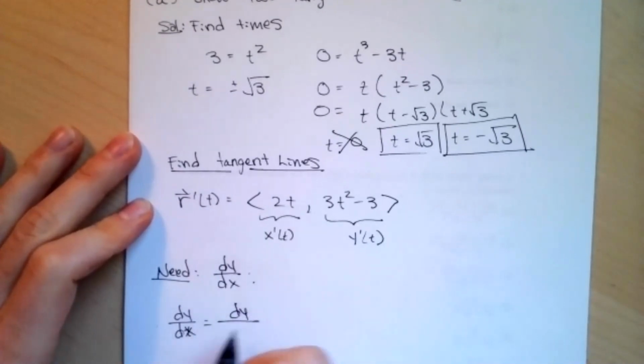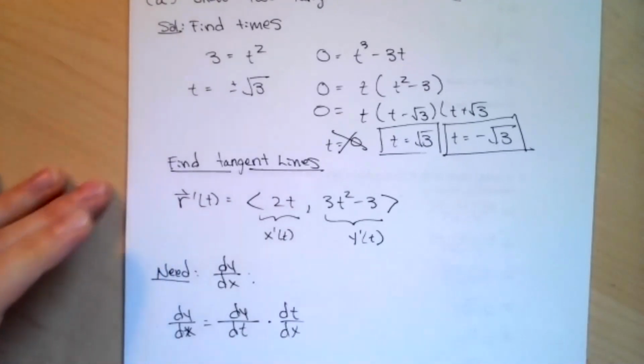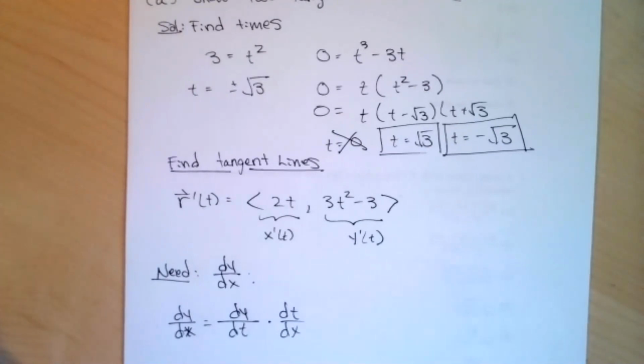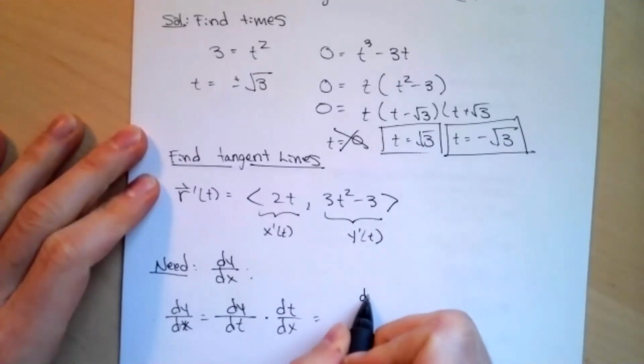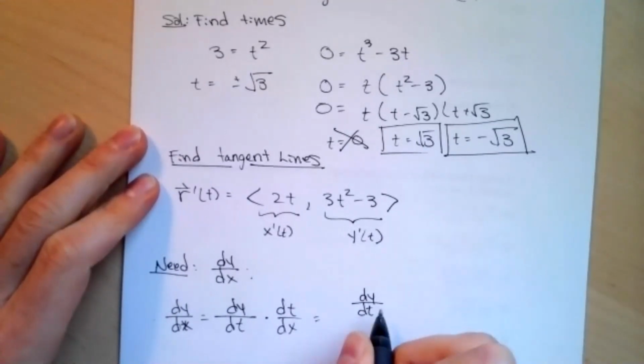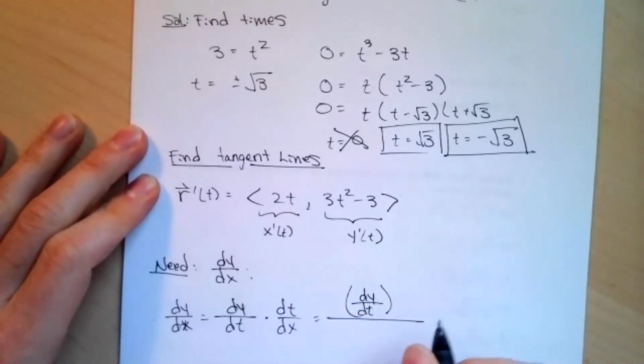So dy/dx is going to be dy/dt times dt/dx. And we want to think of dt/dx as simply one over dx/dt.